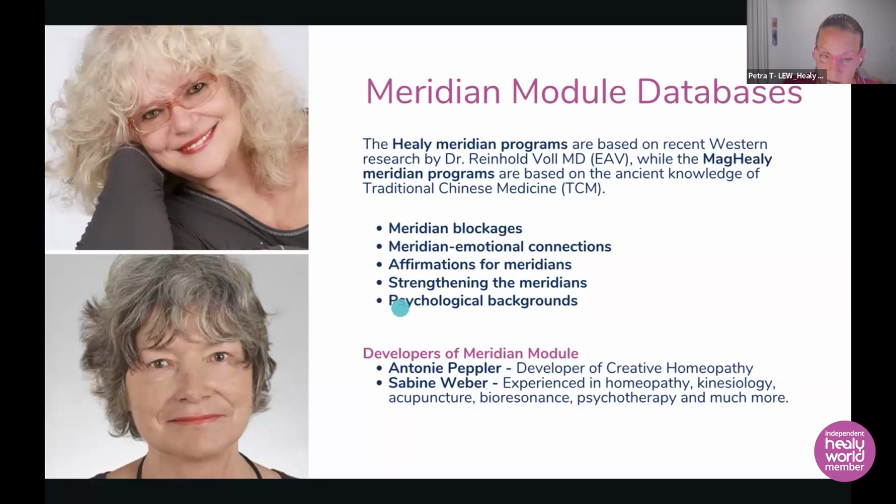And the psychological backgrounds. This is like your mental patterns that are actually breaking down. This is literally within the creative homeopathy. All of these databases are within the MagHealy Meridian module. They will be analyzed based on the connection with the meridians you chose, because every meridian has a specific database link to it.